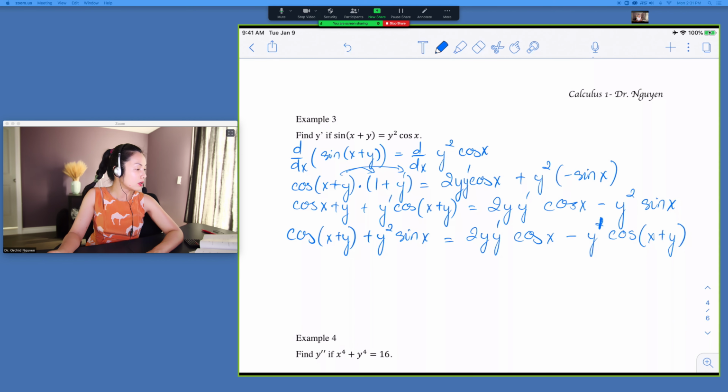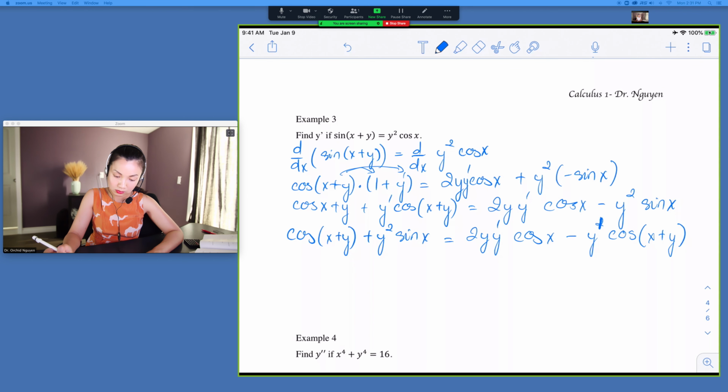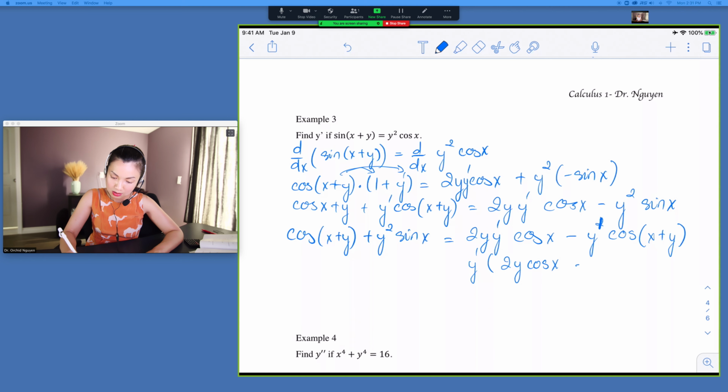And then you can factor it out. So I have 2y cosine of x minus cosine of x plus y.